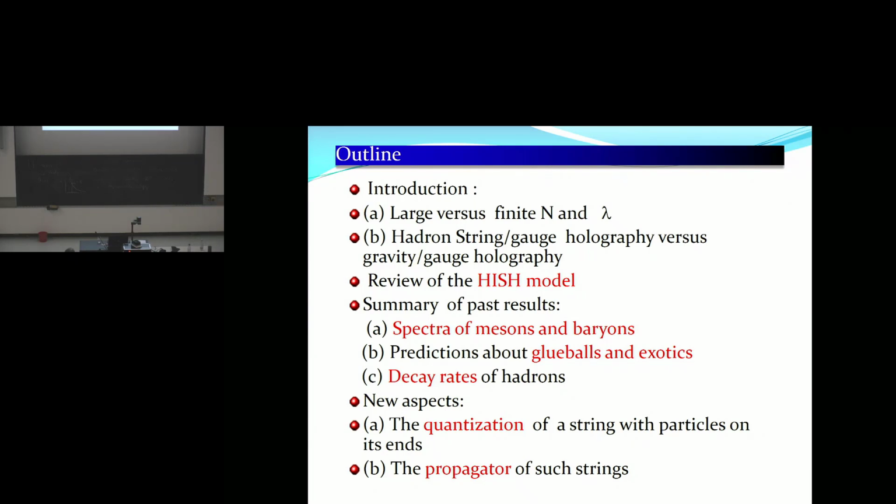Then I'll also discuss decay rates of hadrons, both the theory and some fits to data. What is new today is some new aspects that we were working on: the quantization of a string with massive endpoints and the propagator of such strings. We are now on the way to computing the analog of the Veneziano amplitude for this type of hadronic strings.